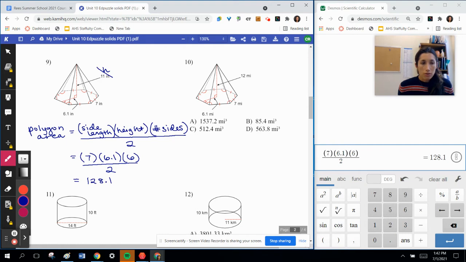Now for volume, volume is base area times height divided by 3. So our volume is going to equal, well, we got a base area 128.1. Our height 11 divided by 3.